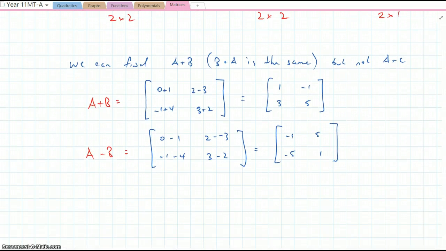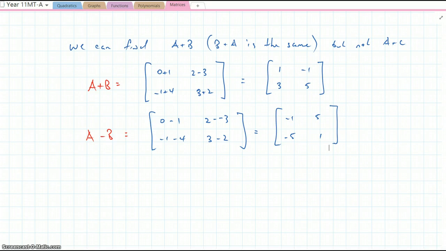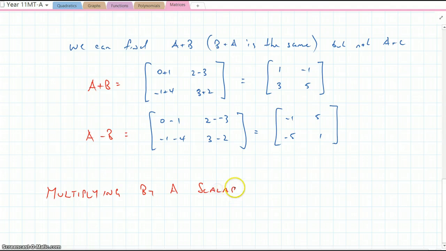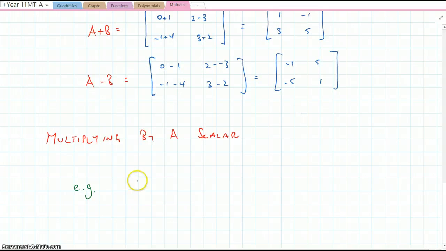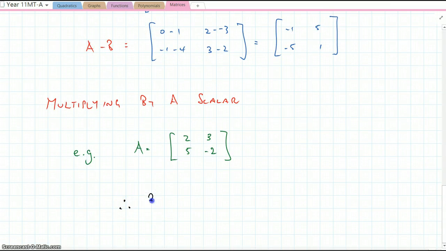So adding, subtracting, must be the same dimensions. Let's have a look at multiplying by what's called a scalar. This will be our last little bit. For example, with our A equals 2, 3, 5, minus 2, we can say therefore 3A.